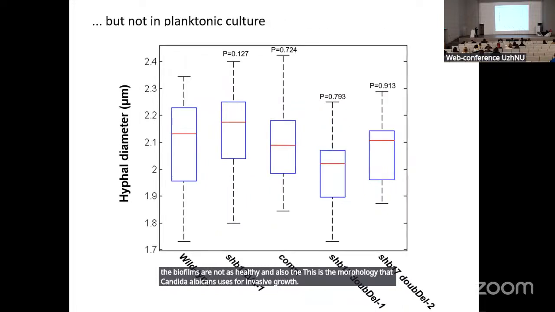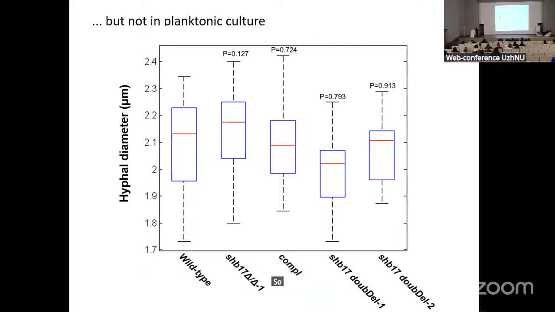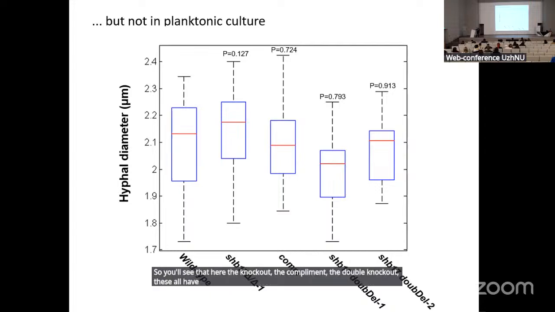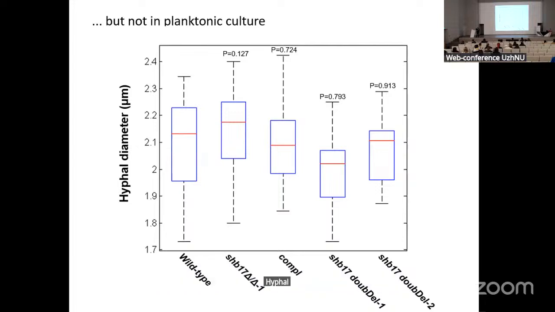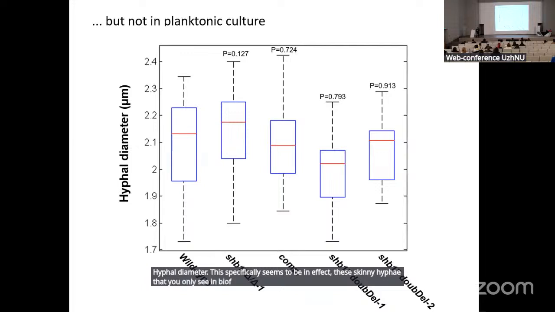If you do the same experiment growing Candida albicans in planktonic culture, just in liquid culture, you don't see this effect. So you'll see that here the knockout, the complement, the double knockout, these all have roughly the same hyphal diameter. So this specifically seems to be an effect, these skinny hyphae, that you only see in biofilm growth.